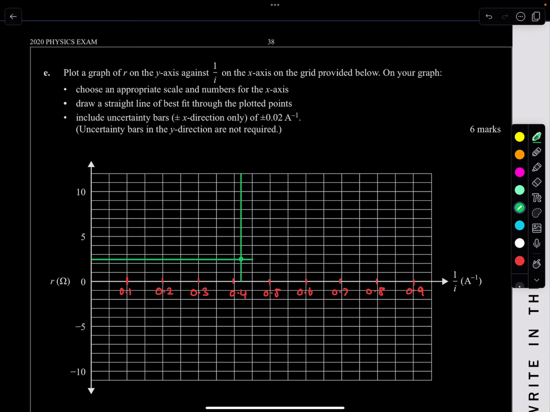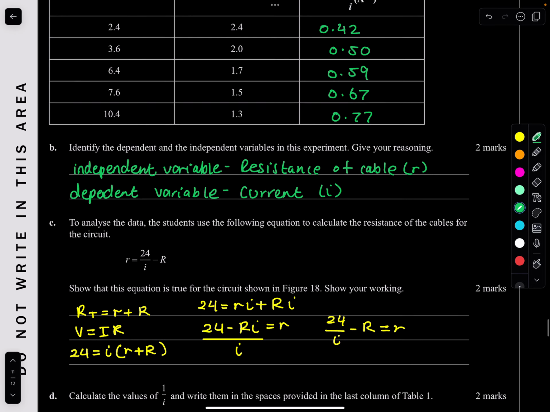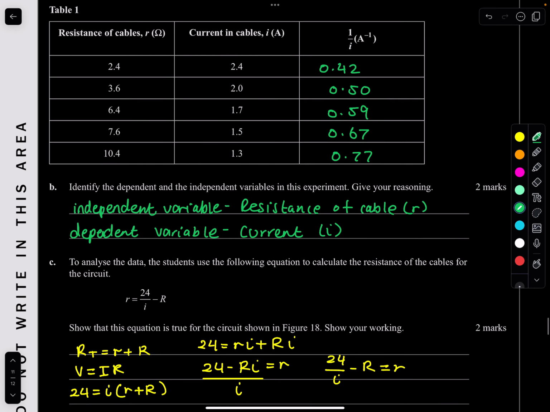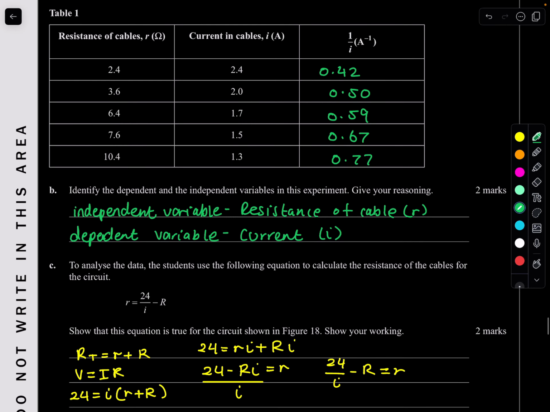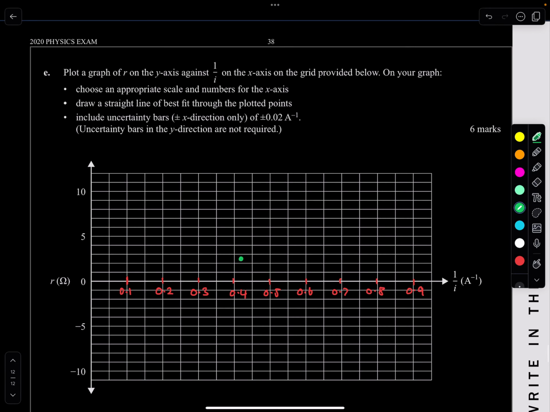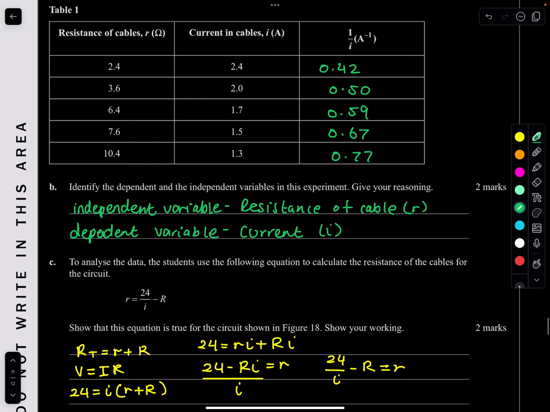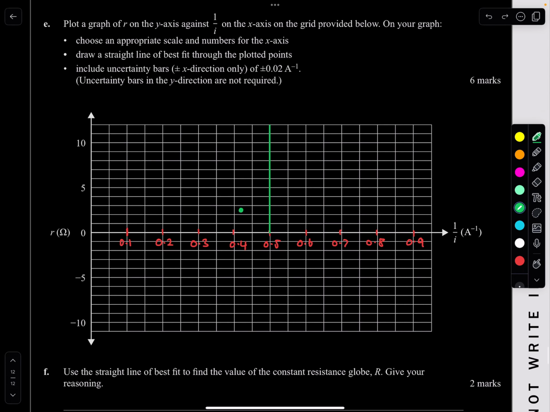I'm going to draw a little cross there. There we go. Next one. Yeah, so 2.4. Perfect. Then 0.5, which is here. 0.5 is going to be 3.6. So 1, 2, 3, that's 4, so 3.6 is around here. Done.